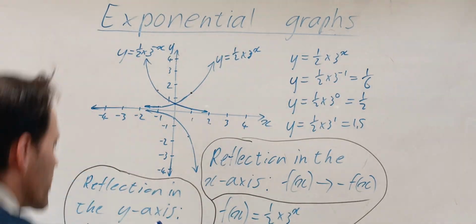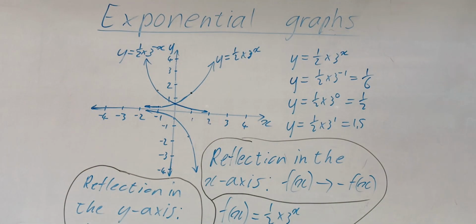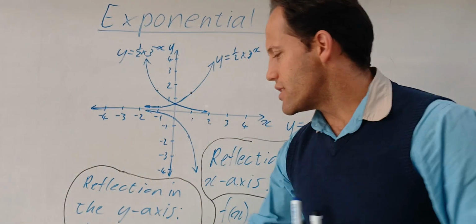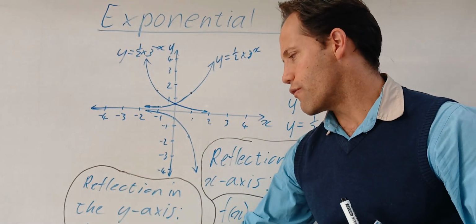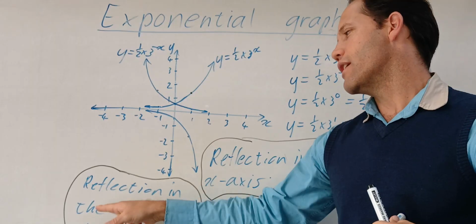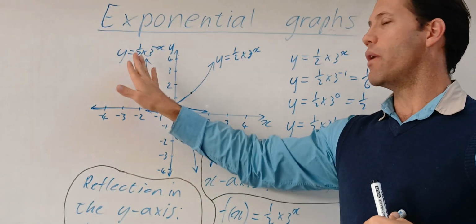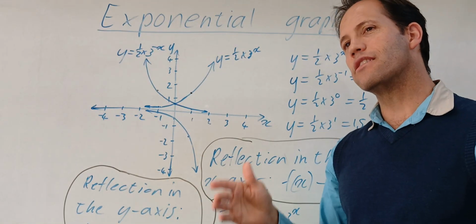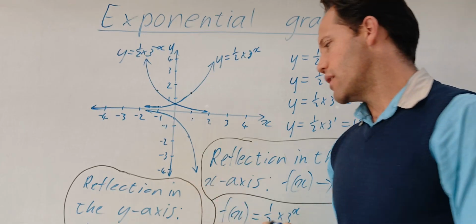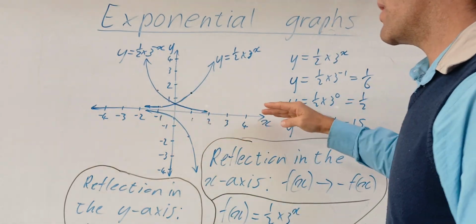So if f(x) is a half times 3 to the power x, then let's make it h(x). h(x) would be a half times 3 to the power negative x, where h(x) is the reflection of f(x) in the y-axis. Remember, the y-axis is where x is equal to 0, and the x-axis is where y is equal to 0.